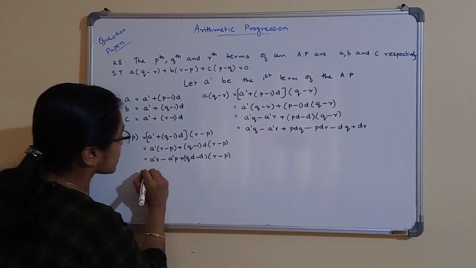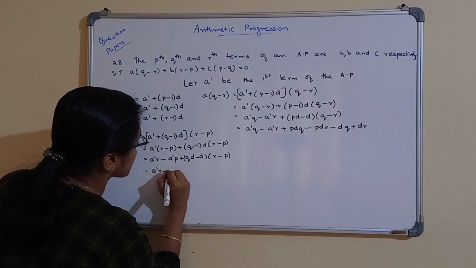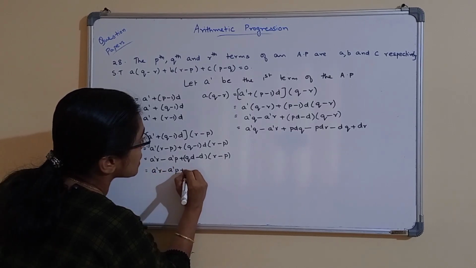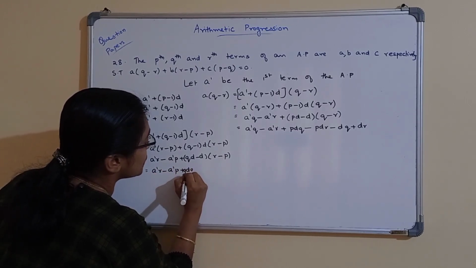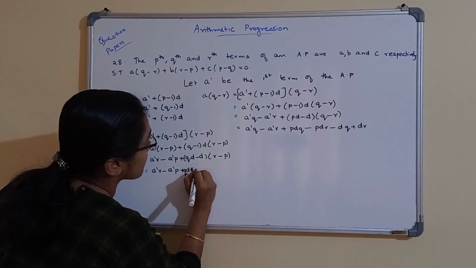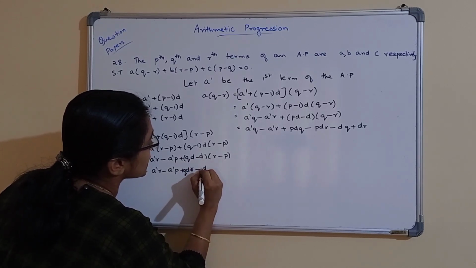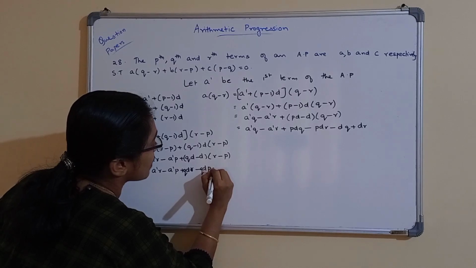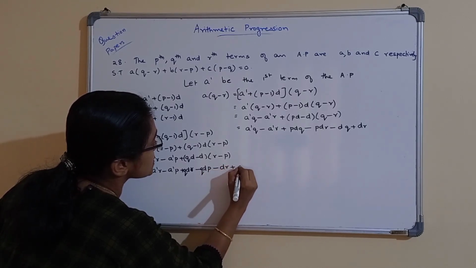Okay, now this is equal to a'r - a'p + qdr - qdp - dr + dp.